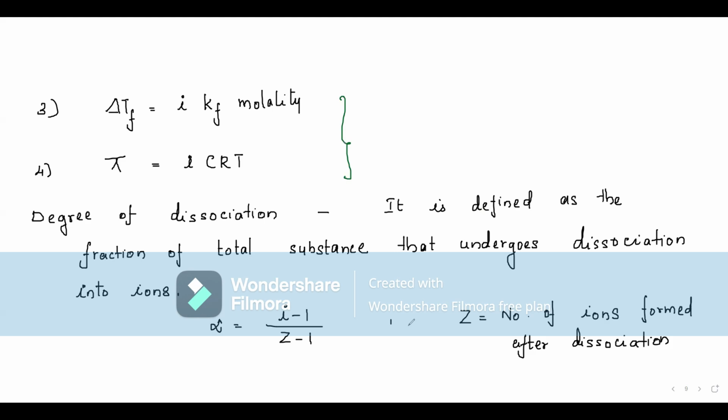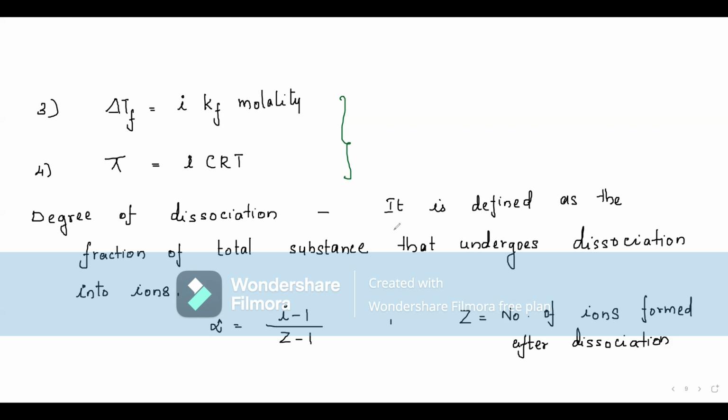Now, the last part here is degree of dissociation, as well as we need to know degree of association also. Degree of dissociation is the fraction of the total substance that undergoes dissociation. What we mean here is, suppose I'm taking, say, 100 moles of the solute which undergoes dissociation. 100 moles of KCl are taken. It is not compulsory that entire 100 moles of KCl will undergo dissociation.